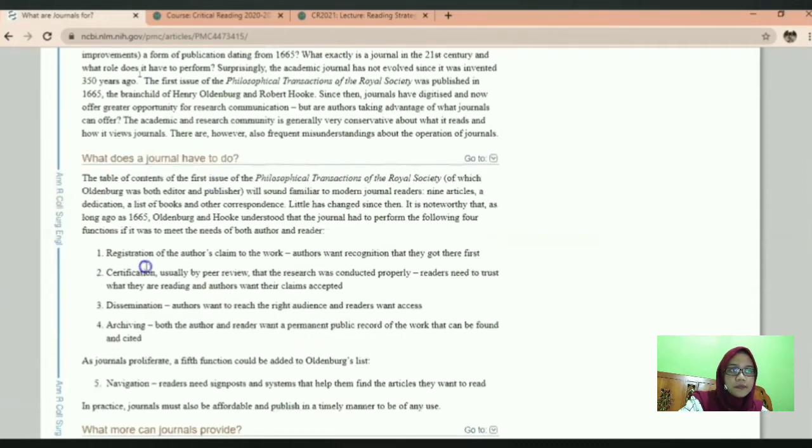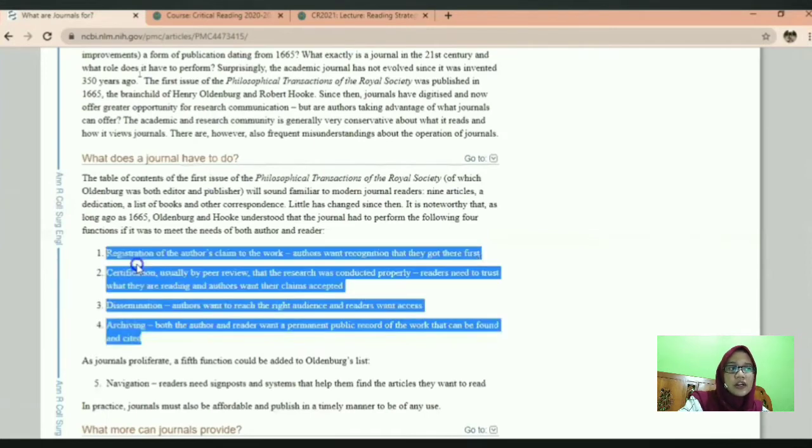So the function of the journal is registration of the author's claim to the work. So the authors want recognition that they got there first. Second one is certification, usually by peer review, that the research was conducted properly. So the readers need to trust what they are reading and authors want their claim accepted.